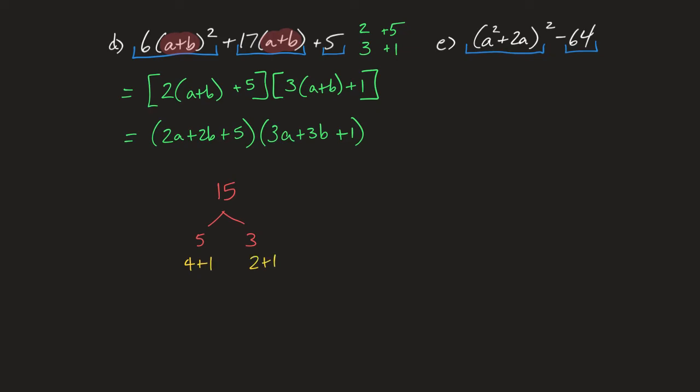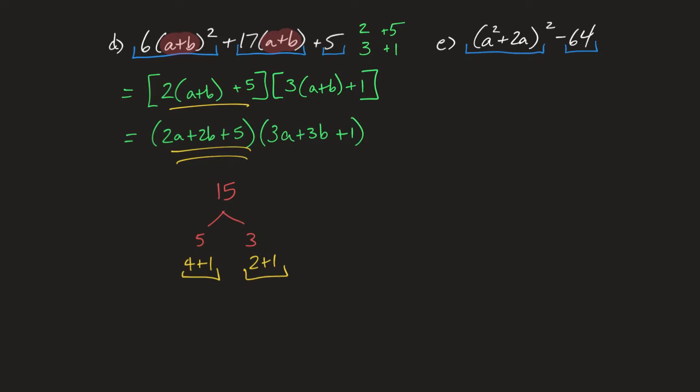You wouldn't give me those factors, because what you would do is simplify 4 plus 1, and you tell me 5. You would simplify 2 plus 1, and you tell me 3. That's kind of the equivalent up here. Don't give me something unsimplified. Simplify it. And hopefully that makes clear the expectation.